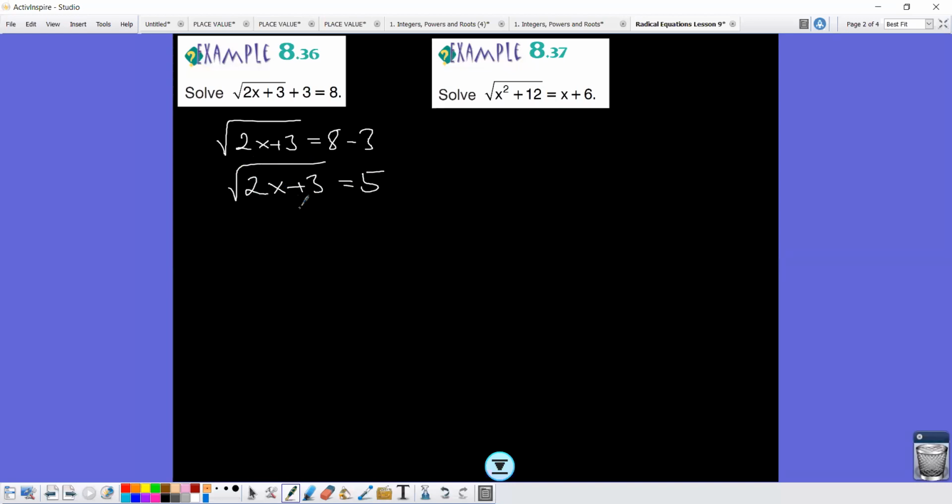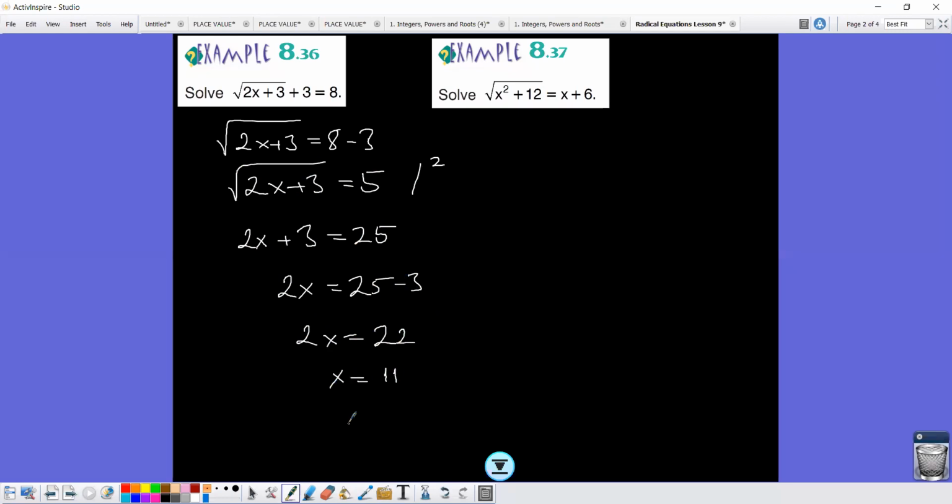Now let's take the square of both sides. It will be 2x plus 3 is equal to 25. Then 2x is equal to 25 minus 3, so 2x is equal to 22. Then x is 11.